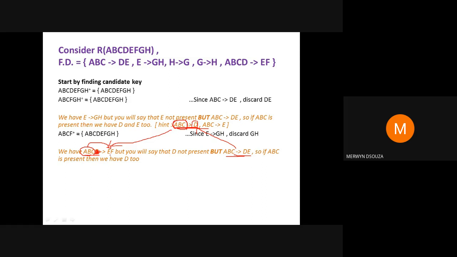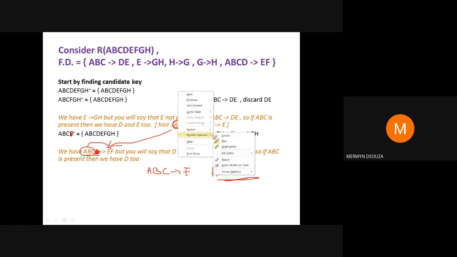Now again apply the splitting rule. When you apply the splitting rule, you will get ABC determines E, ABC determines F. Using this, I will discard F. So what will remain is just ABC.